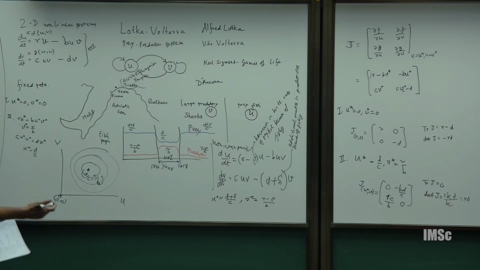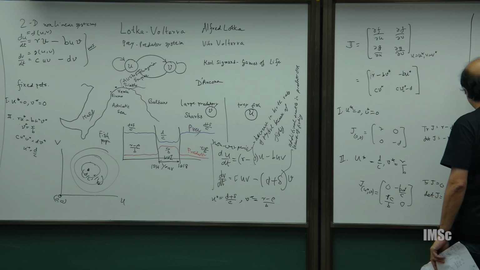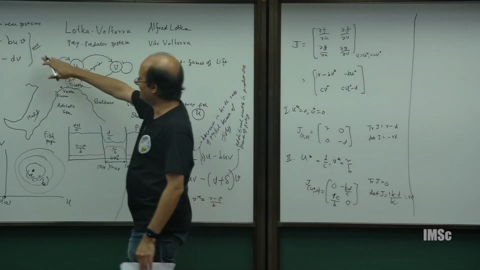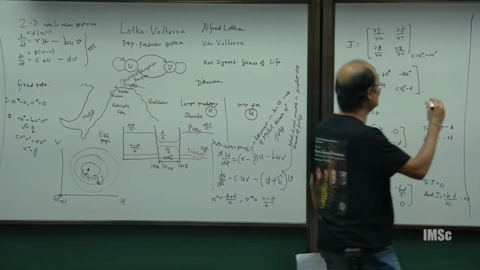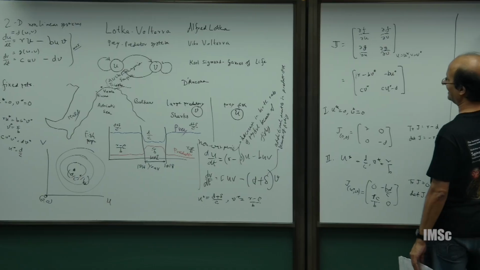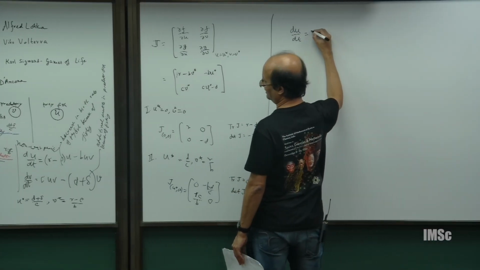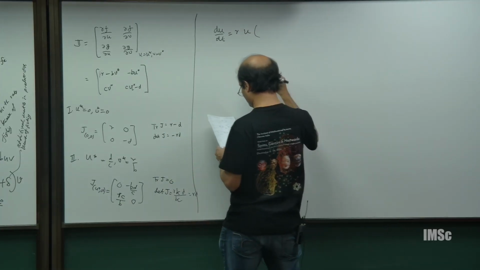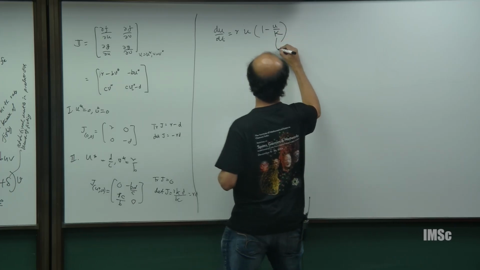Now, the first unrealistic assumption is of course the simplistic assumption that in the absence of predation the prey fish is just going to explode. You can take care of that very simply by saying du/dt equals r times u, and you put in a carrying capacity.